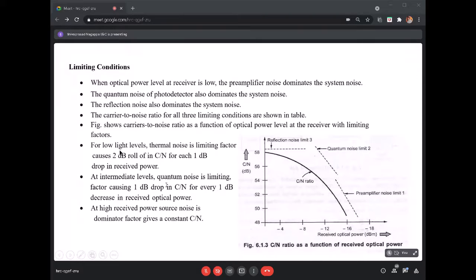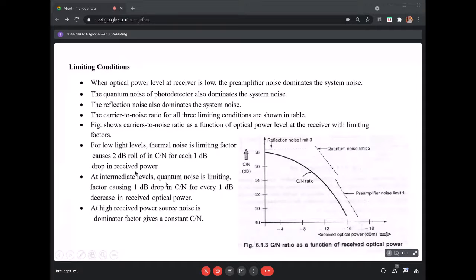So for low light levels, the low range thermal noise is the limiting factor and it causes a 2 dB roll off in carrier to noise for each 1 dB drop in received power.